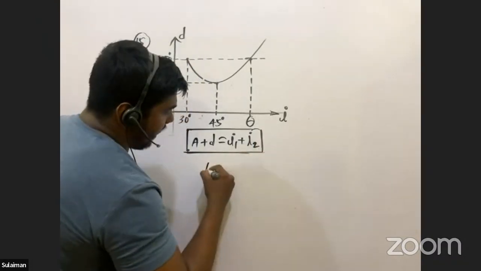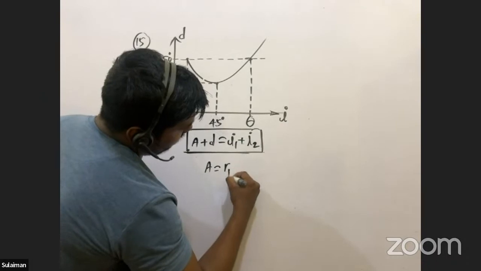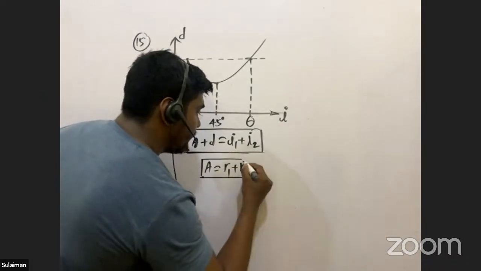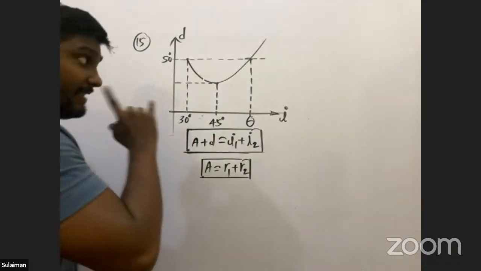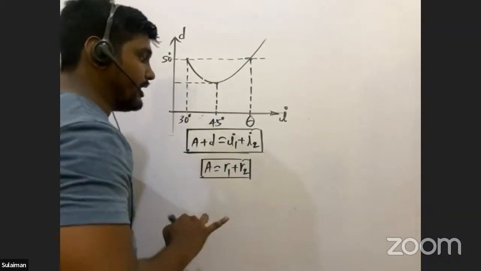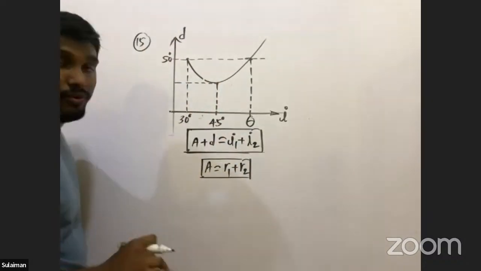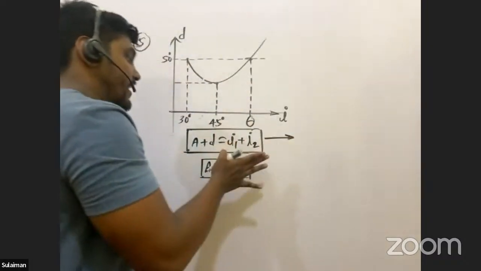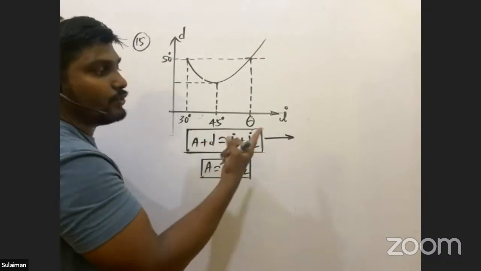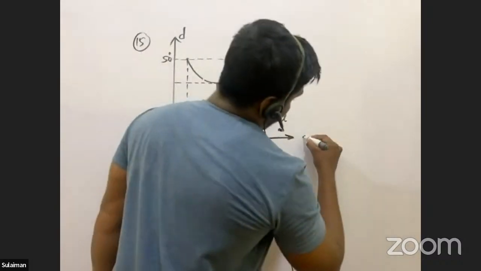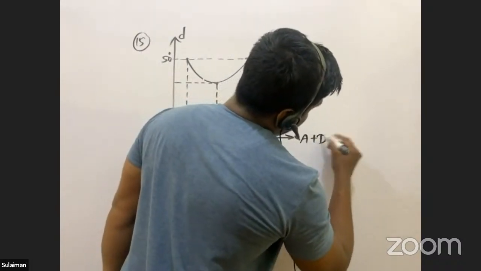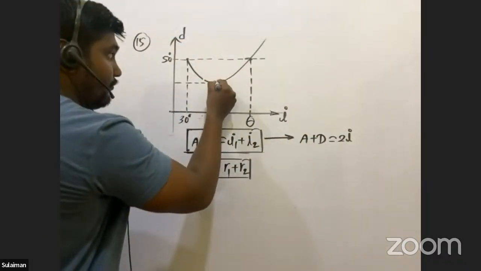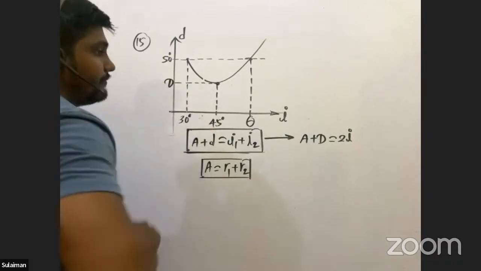Then we discussed capital A equals R1 plus R2, right? If it is the minimum deviation scenario, this equation will be simplified as A plus capital D equals 2I, for the minimum deviation scenario.